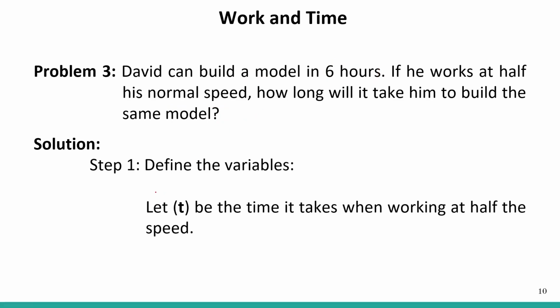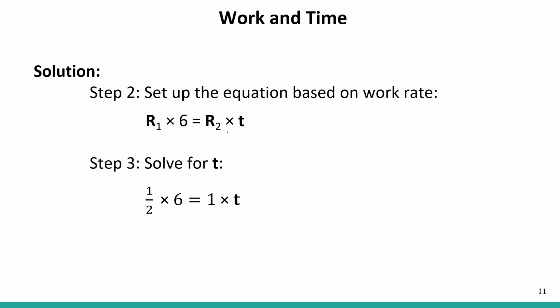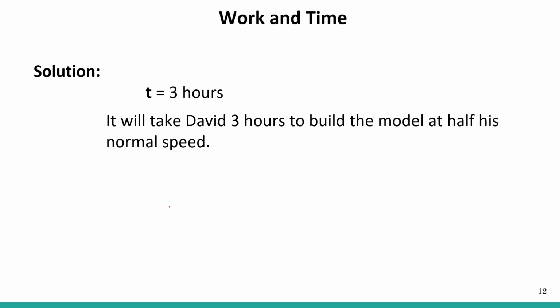Defining the variables, let t be the time it takes when working at half the speed. Setting up the equation based on work rate, R1 into 6 is equal to R2 into t. Solving for t, it is 6 by 2, which is 3 hours.